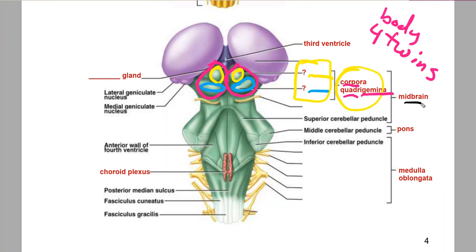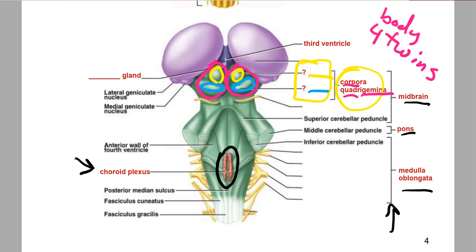So you have the midbrain, you have the pons in the very middle, and then you have the medulla oblongata in the back. A lot of people forget or don't see these brackets, so I filled that part in for you. And then I labeled the choroid plexus for you because that's this funky little capillary bed that we would find in ventricles that helps to make your cerebrospinal fluid.